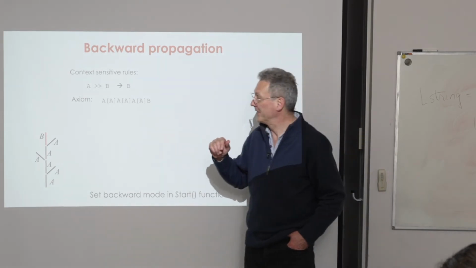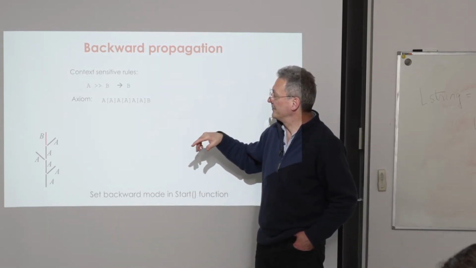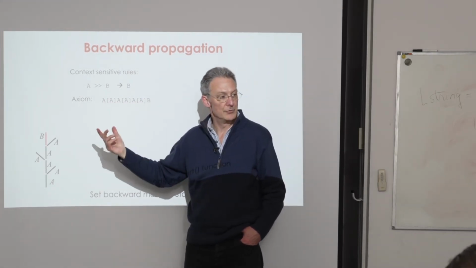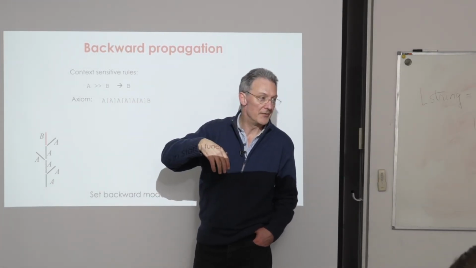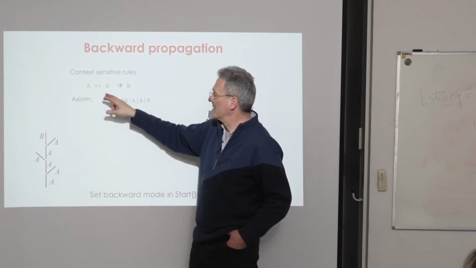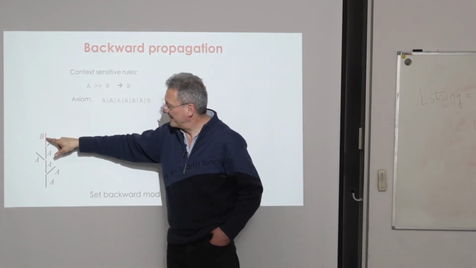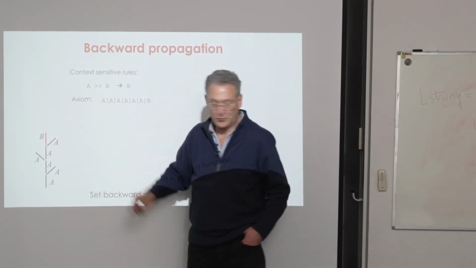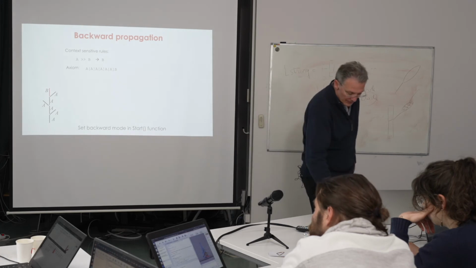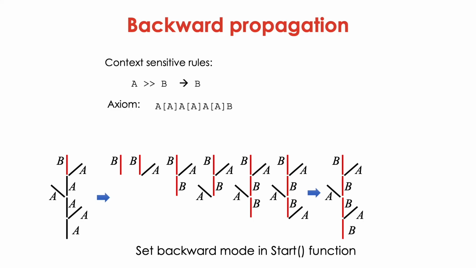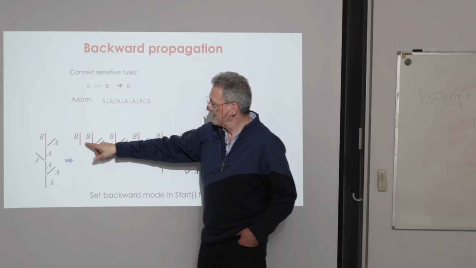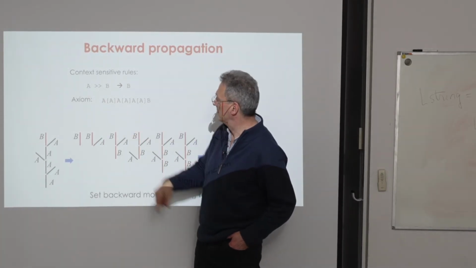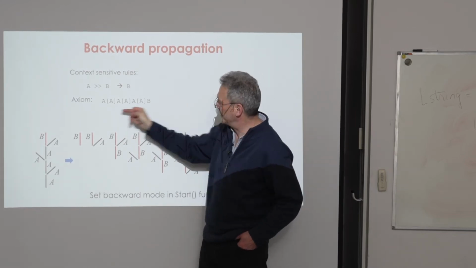How does it go? It goes in this way. Here I am using the right context instead of the left context. If I start with a B, I will apply my rule, but I will read my chain backward in this way.